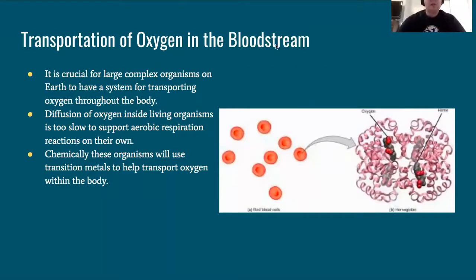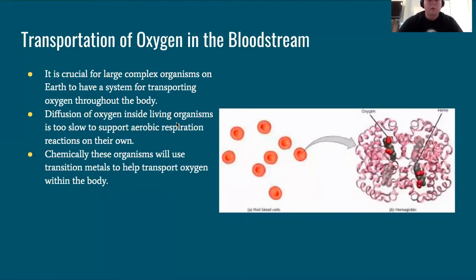Also, oxygen can be transported through the bloodstream to other places that aren't muscles, such as organs. This is very crucial for complex organisms on Earth to have a system for transporting oxygen throughout the body. Diffusion of oxygen inside living organisms is too slow to support aerobic respiration reactions on its own.